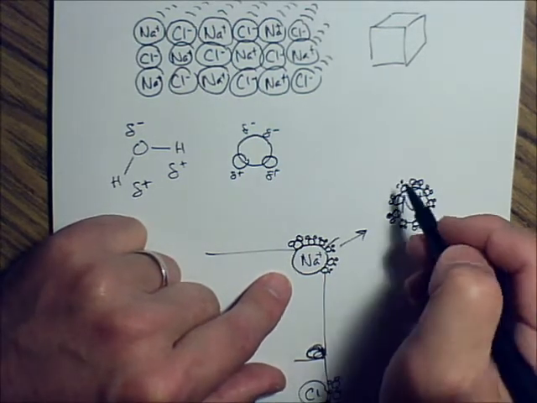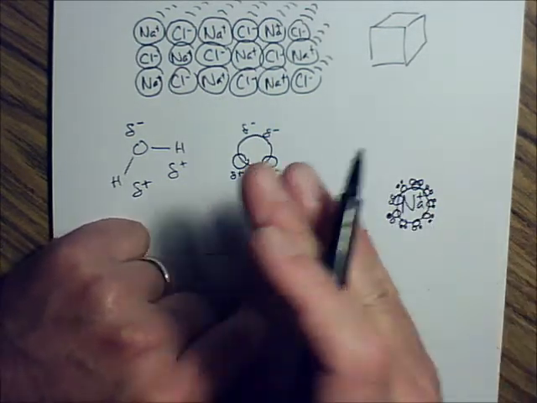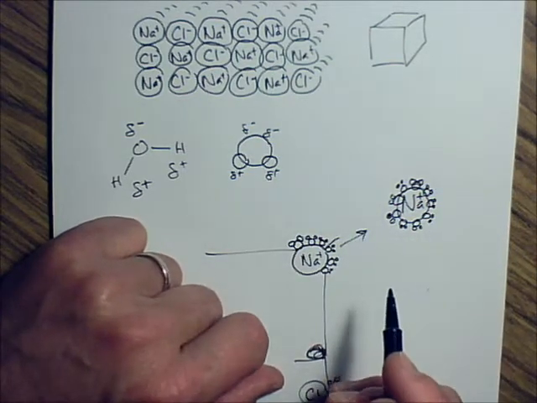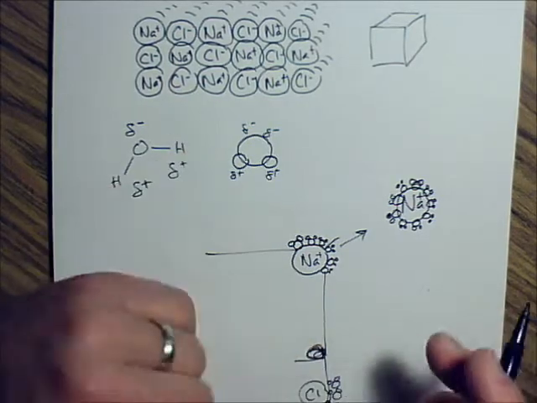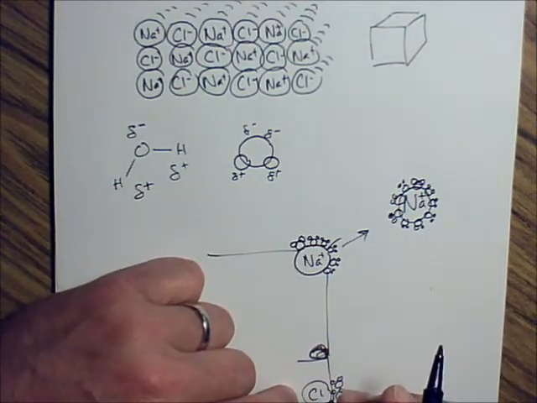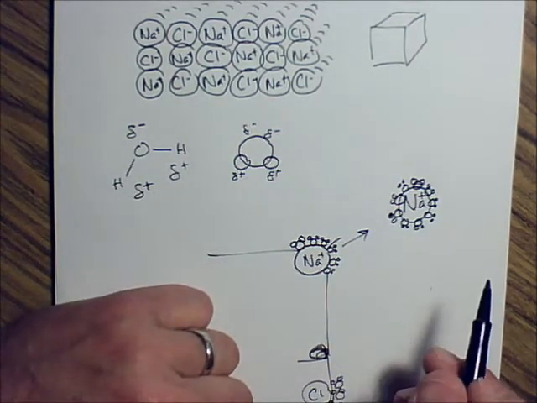Okay? Now, I'm only drawing it in 2 dimensions. Remember, it covers the whole thing. It's surrounding the whole sodium ion. I'm making the sodium ion much bigger than it actually is relative to the water molecules, just to show what's going on.